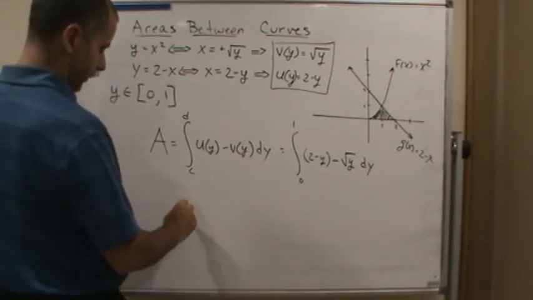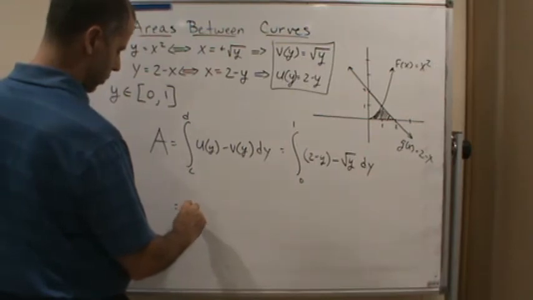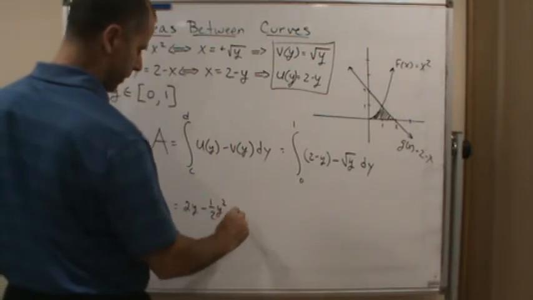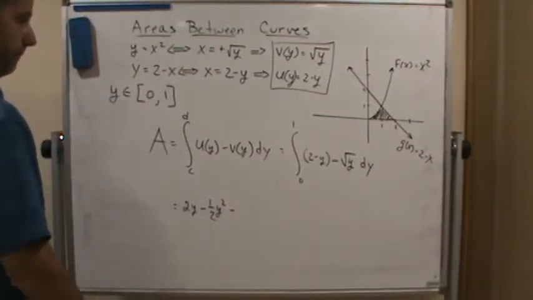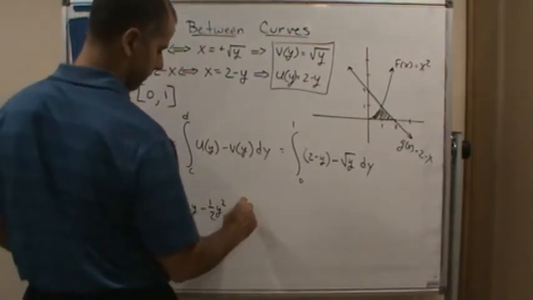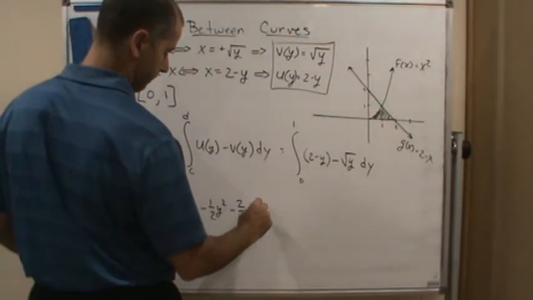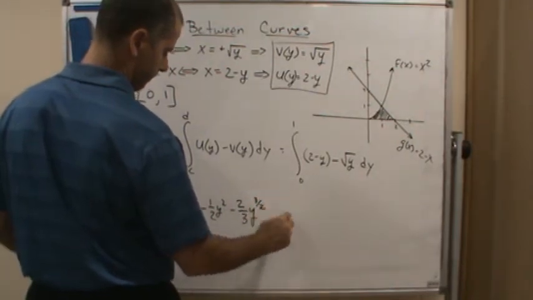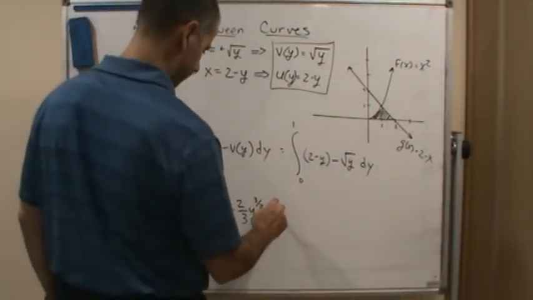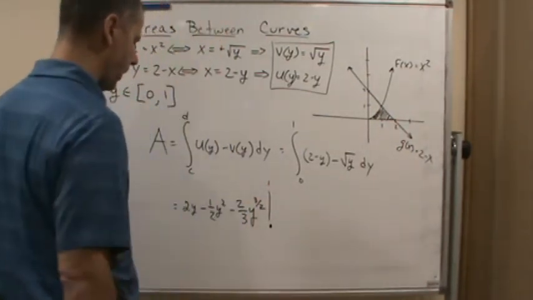And now I'm just going to integrate. So just like before, I'm integrating with respect to y, so this is going to become 2y minus 1/2 y squared minus what? Yeah, that's right. From 0 to 1.